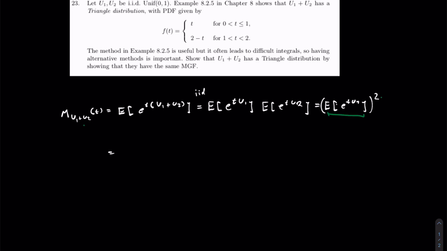The piece inside the expectation, E of e to the t U1, has support 0 to 1, with PDF 1 over U.